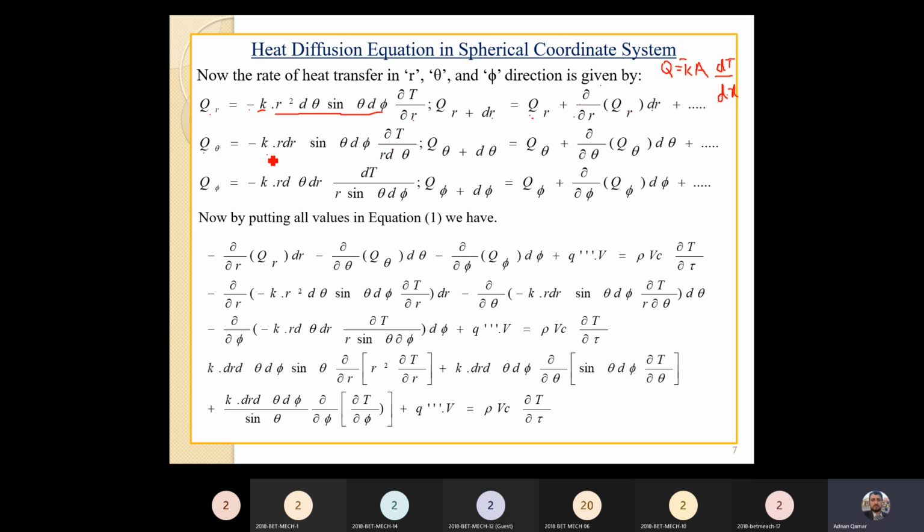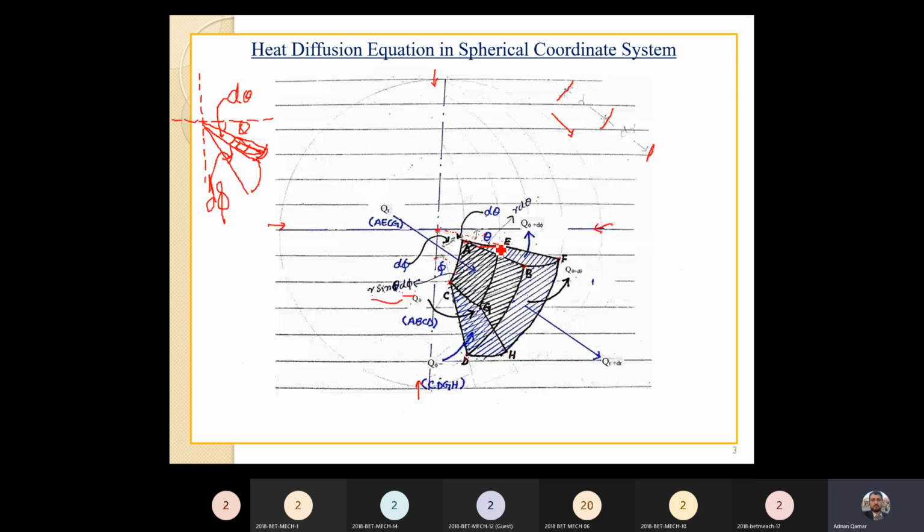Similarly, q theta is equal to minus k, same, r dr sine theta d phi into partial t over partial x, which is r d theta. Now the thickness is in theta direction, that is r d theta. You can see this thickness is r d theta.